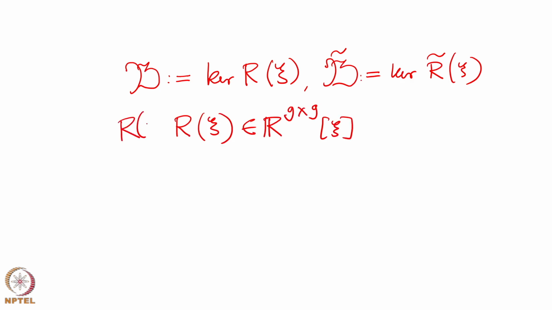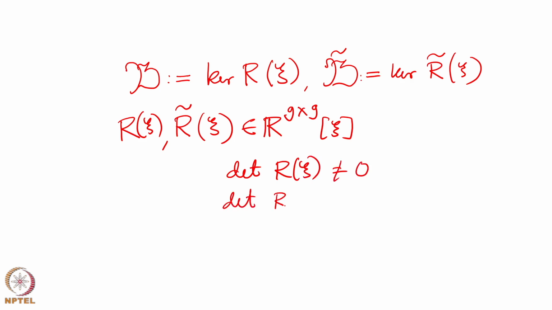Both R psi and R tilde psi are square matrices of the same size, and determinant R psi is not equal to 0, and determinant R tilde psi also not equal to 0. We assume that B is equal to B tilde.